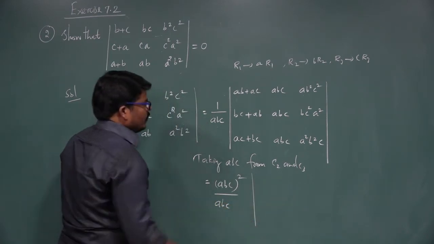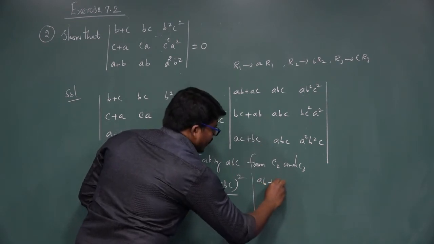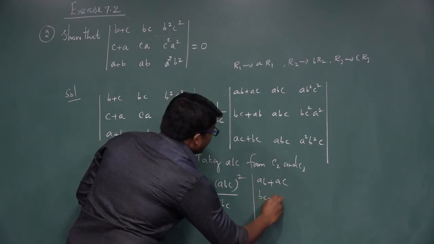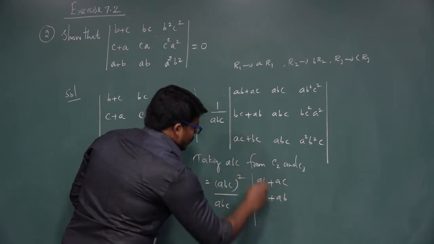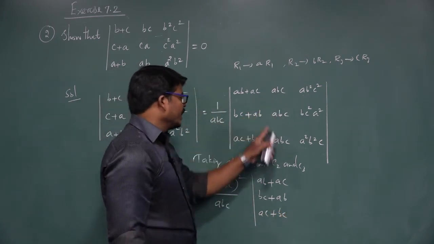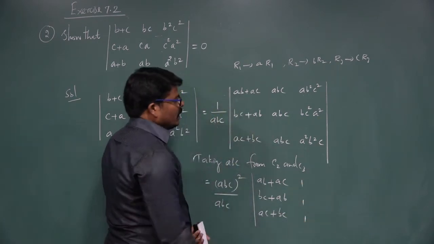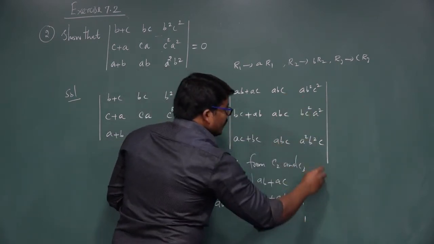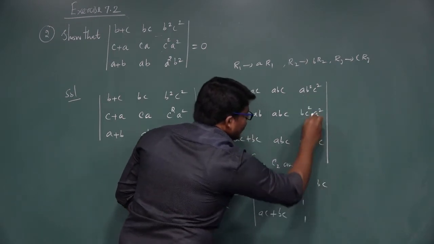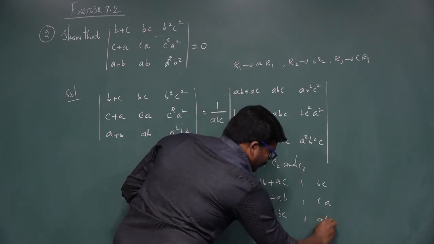The determinant has first column AB plus AC, BC plus AB, AC plus BC. Taking ABC outside, the remaining column is 1, 1, 1, and the third column BC, CA, AB.